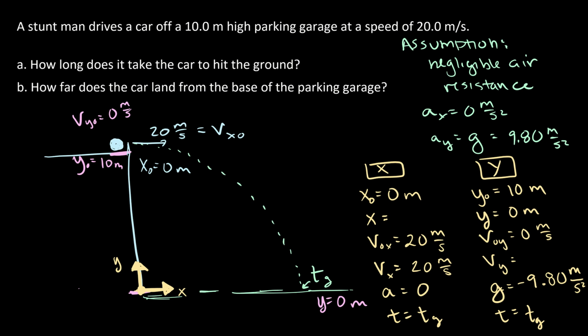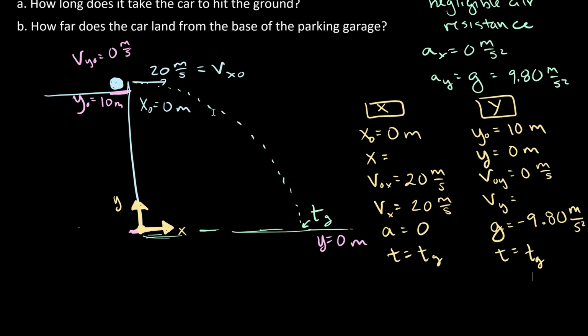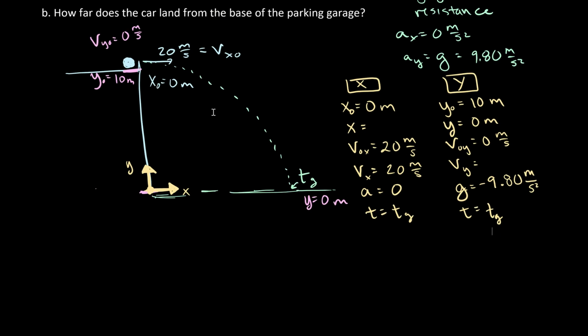If there wasn't any y acceleration, it would just continue traveling horizontally, parallel to the ground. But that's not the case. We have some y acceleration, and that acceleration due to gravity is what's going to bring that object down to the ground. So when we're figuring out how long something's in the air, we want to look at our y direction, and our y components can help us figure out how long an object is in the air.